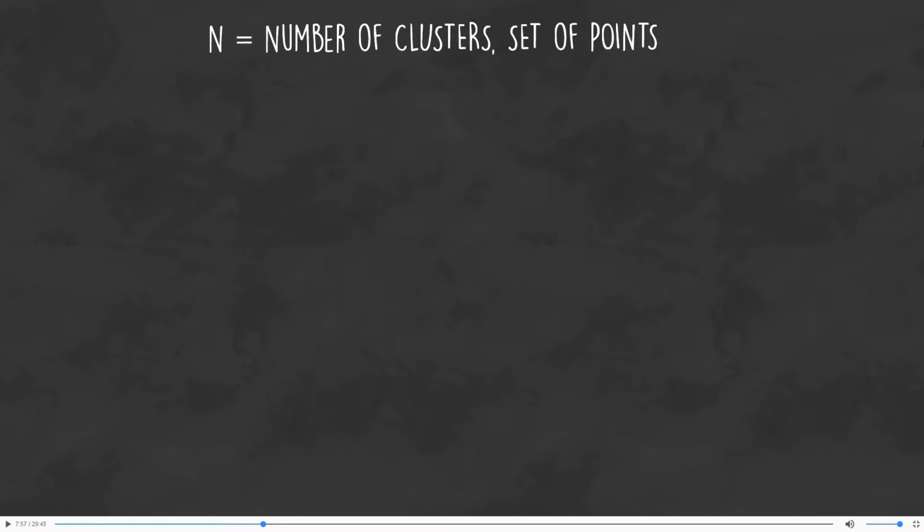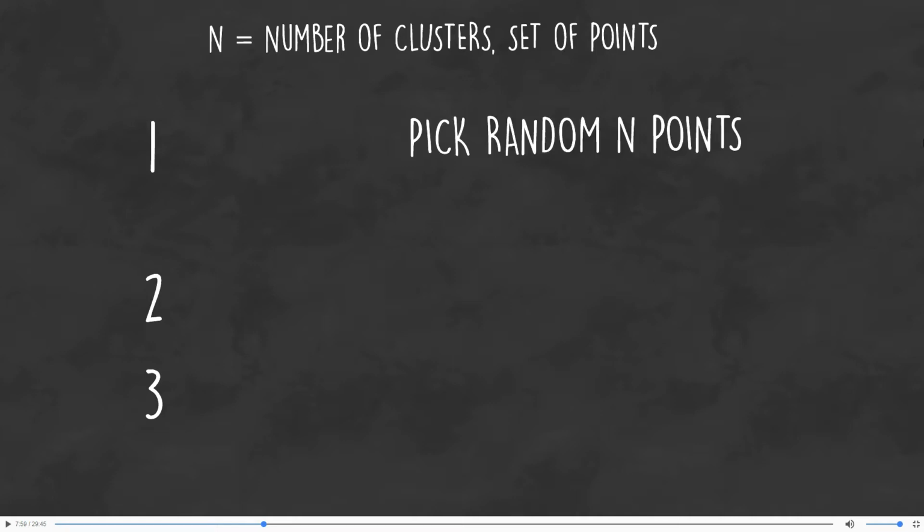Now let's go into the details of the actual k-means algorithm. There are 3 important steps in this algorithm. The first one is the initialization part, where we pick n random points from our data set, and we assign them to the initial clusters, to the initial centroids.